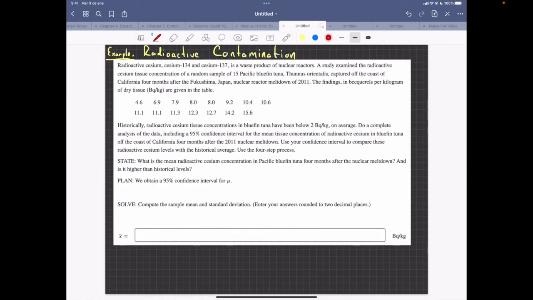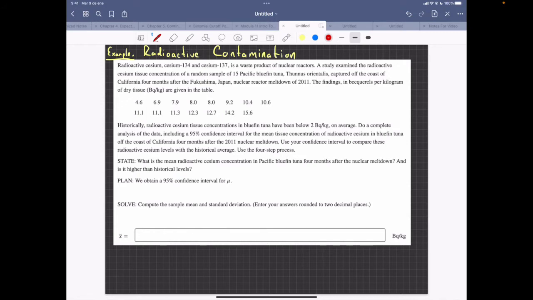So now, next example, it is about radioactive cesium-134 and cesium-137. It's a waste product of nuclear reactors.